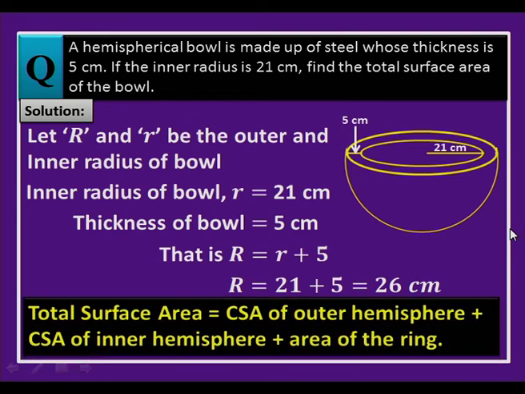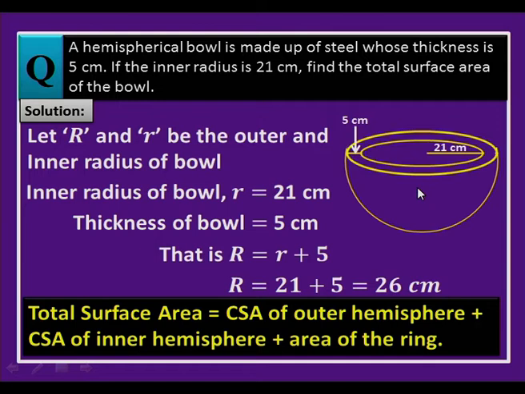Now, what is the total surface area of this bowl, children? Yes, it is the CSA of the outer hemisphere, because it is made up of two hemispheres, children, if you notice. So, this is the outer one, and the inner one will also be a hemisphere, right, if you see a bowl. So, outer hemisphere CSA plus the inner hemisphere CSA plus this thickness area, which is nothing but the area of the ring.